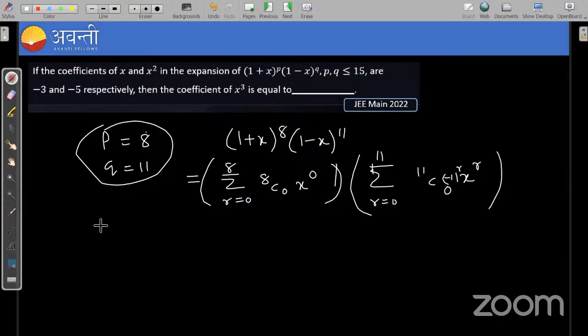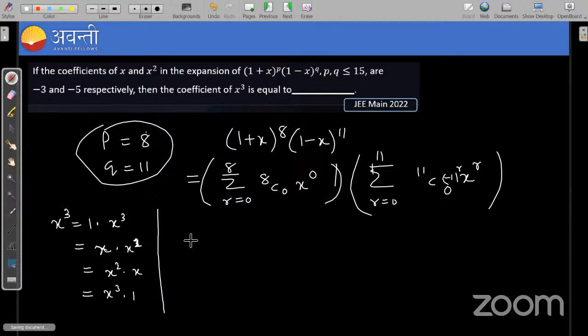We need the coefficient of x cube. So x cube can be written as 1 into x cube, x into x square, x square into x, and x cube into 1. All these possibilities are coming.